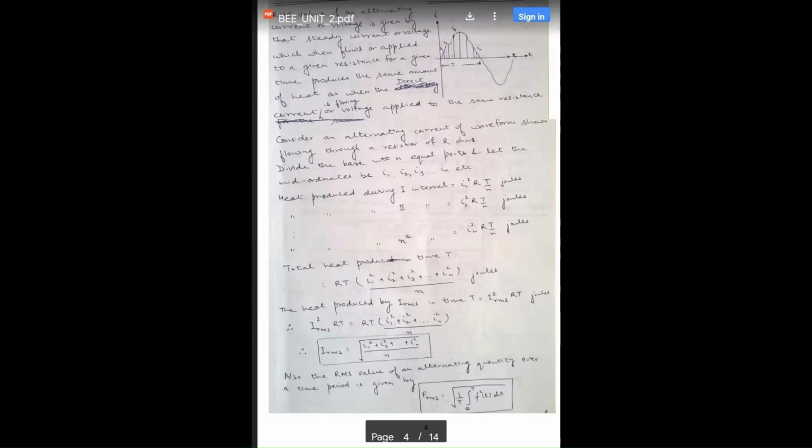For example, you can say that the person who is having least weight in your class is say 45 kg. Okay. And the student which is having heaviest weight in your class is 70 kg. Okay.